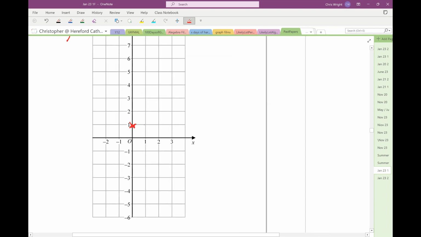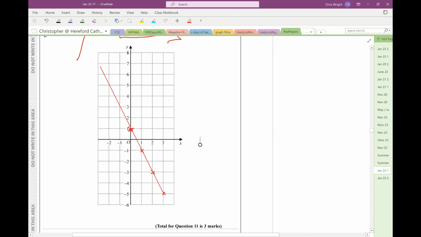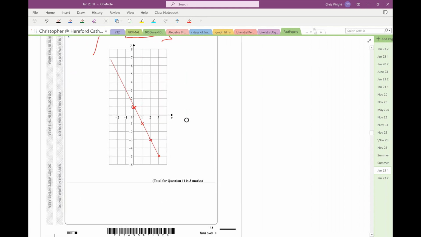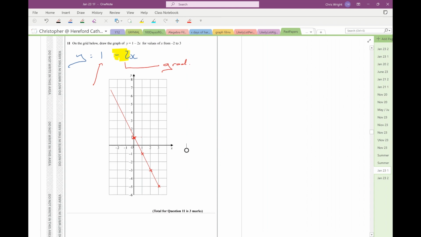So I'm going to go along 1, down 2, along 1, down 2, along 1, down 2. So here is my graph. Join all those up carefully. And there you have the graph of y equals 1 minus 2x.